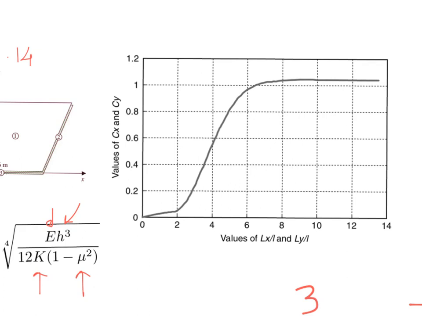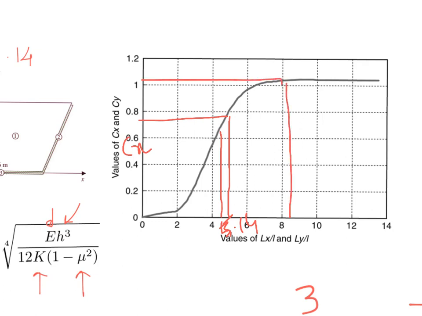As Lx by L value is 5.14, it comes out to be somewhere in the middle, and here you need to read the value of Cx, and then the Ly upon L value is 8.57, so this will give you the value of Cy.